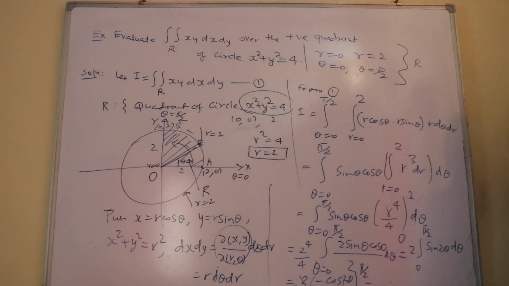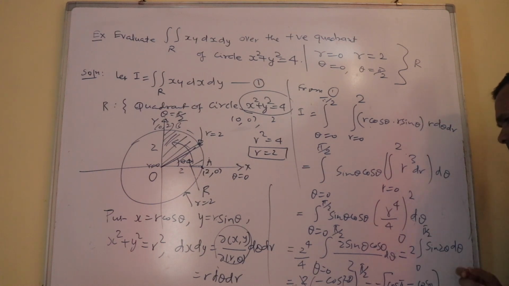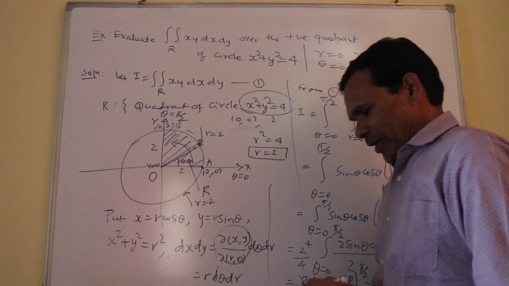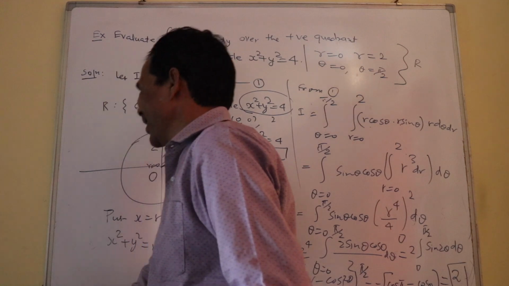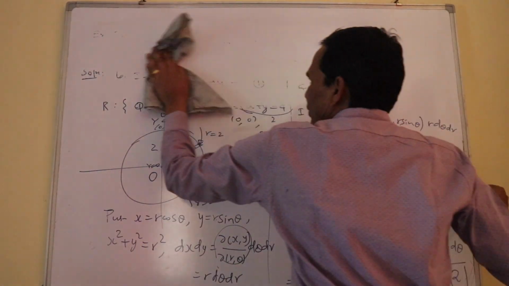So this is equal to minus, inside the bracket, cos pi minus cos 0. So cos pi is minus 1, cos 0 is 1, minus 2. So the value of this integral is 2. So this is the way you can evaluate these integrals by transforming into polar coordinates. So this is the first example.